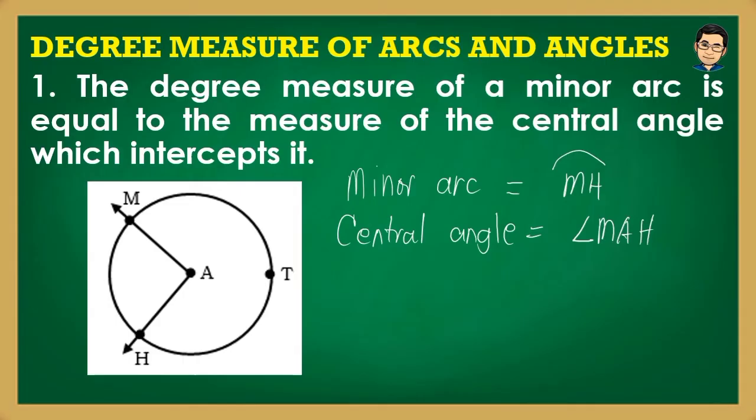MAH. So, MAH. This is the angle. And this is the intercepted minor arc. Okay? So in terms of their degree measure, whatever the measure of the minor arc is, that is also the measure of the central angle.